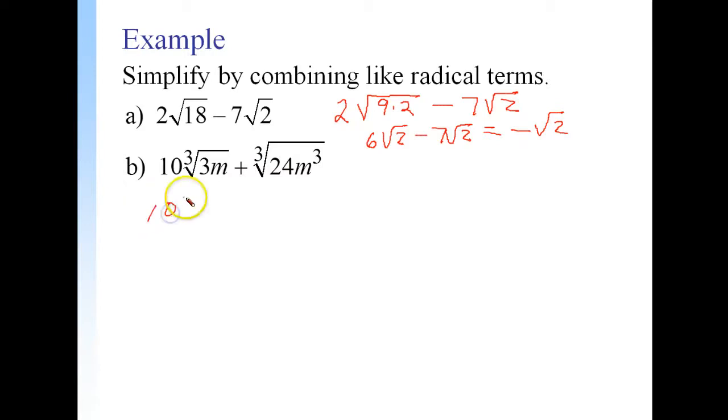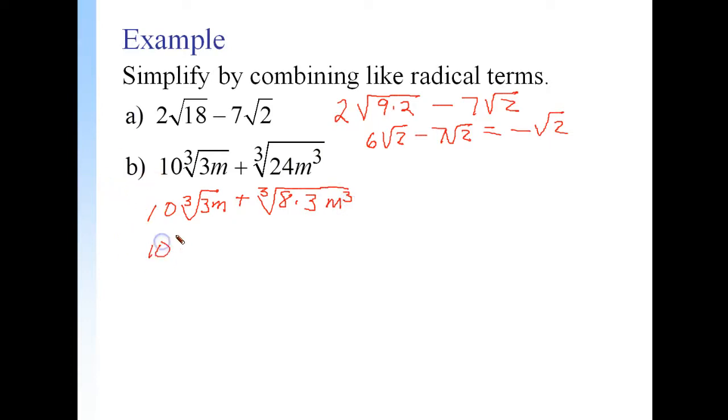So here we have 10 cube root of 3m, plus the cube root. Now watch what I'm going to do here. This is going to be 8 times 3. Oh, they may have made a little error here. And m to the third. Let's do it this way and see what happens.